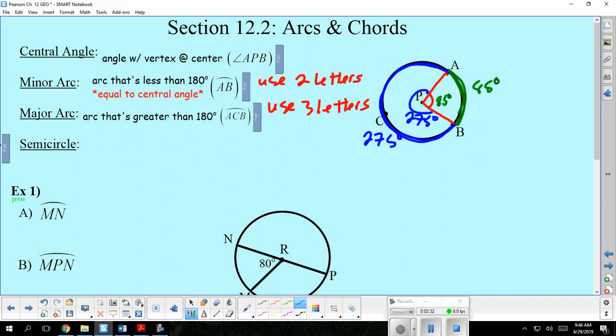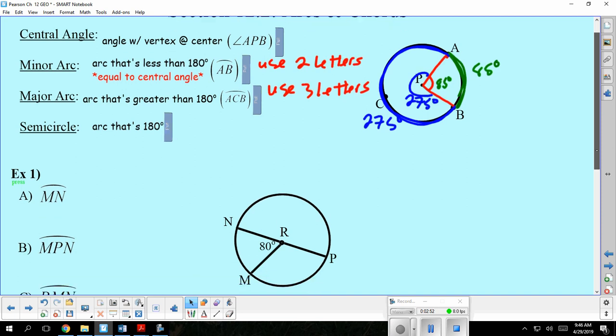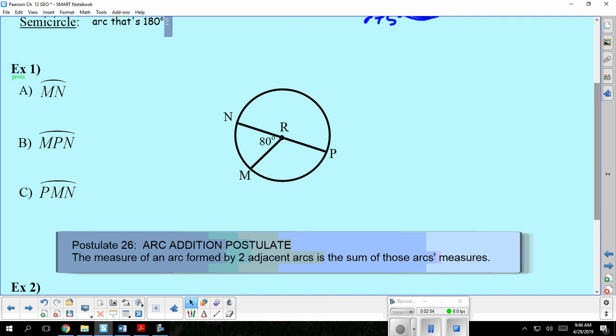And then a semicircle is an arc that's equal to 180 degrees. So let's take a look. MN, right? This arc measure right here. If NRM is 80 degrees, then MN is also 80 degrees.